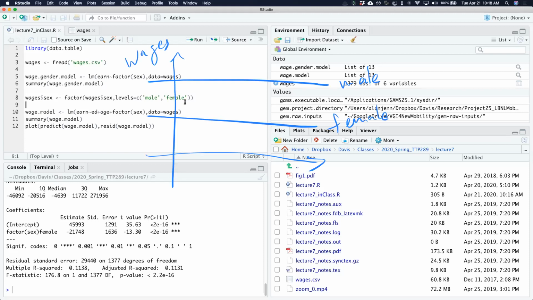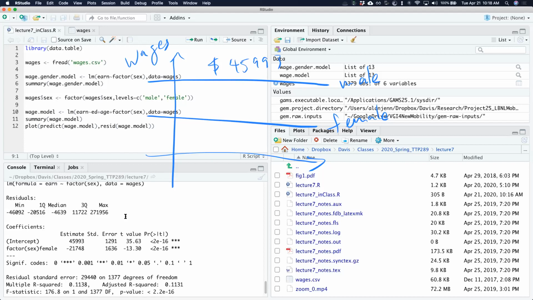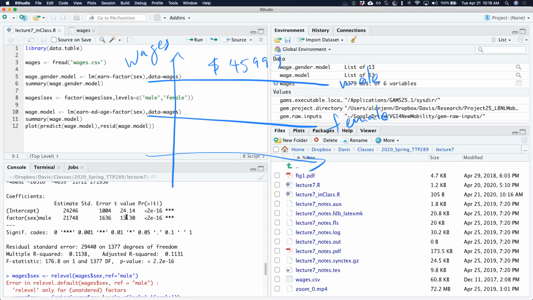And these are representing the actual level that's specified by the coefficient. So for the male, this would be about 45,993, and then the female would be 45,993 minus 21,748, which we actually know the number because we ran it the other way. So it would be 24,246.